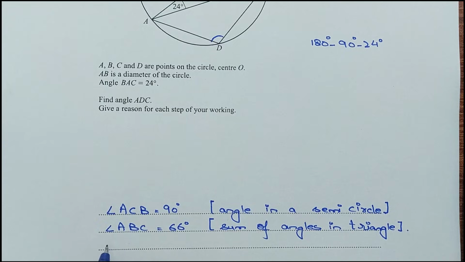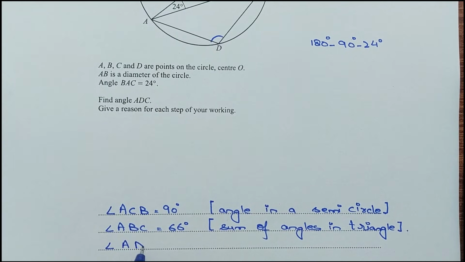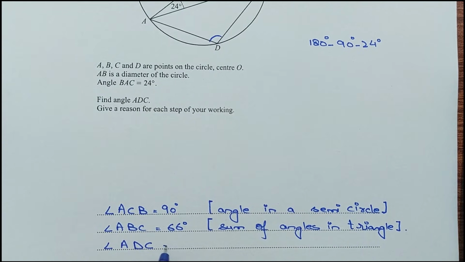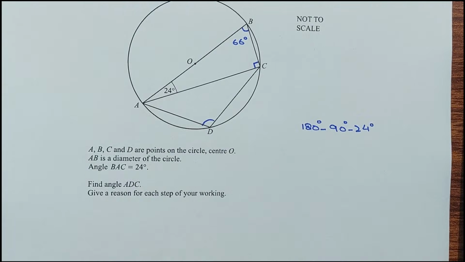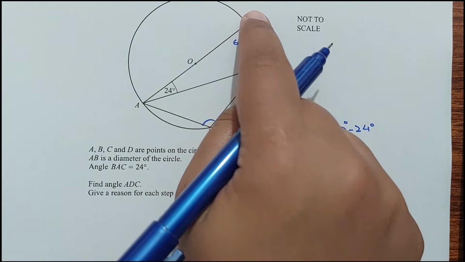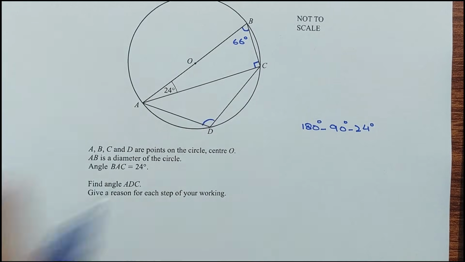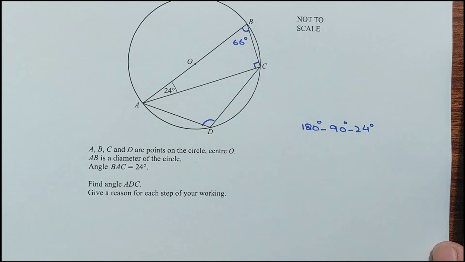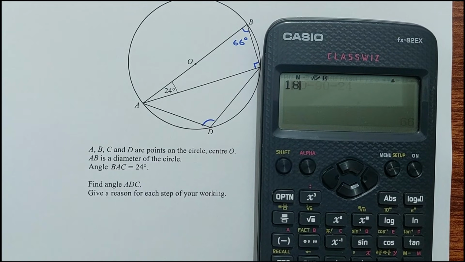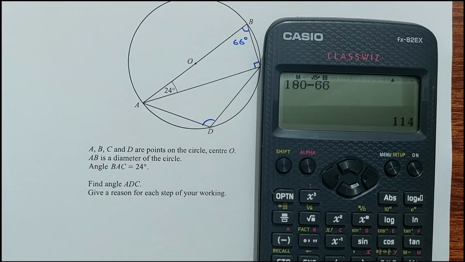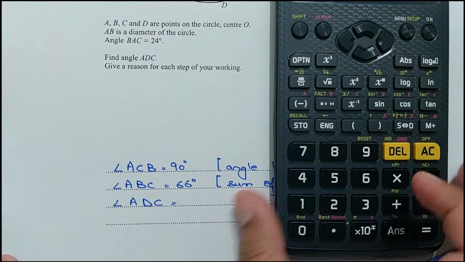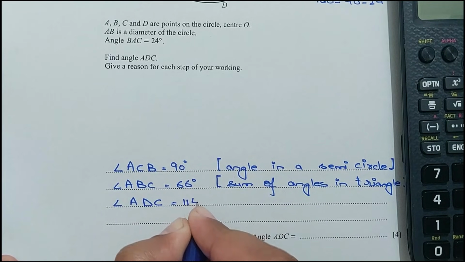Now the last one, angle ADC. If we look at ABCD, this is a cyclic quadrilateral, and opposite angles add up to 180 degrees. So 180 minus 66, this angle is 114 degrees.